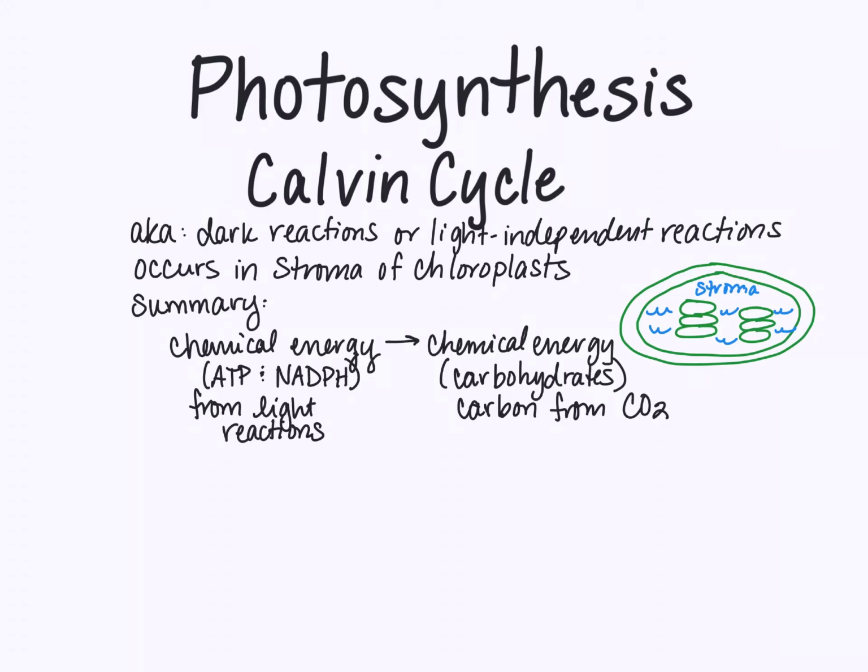We can break the Calvin cycle down into three main steps. The first step is known as carbon fixation. The second step is known as carbon dioxide reduction.